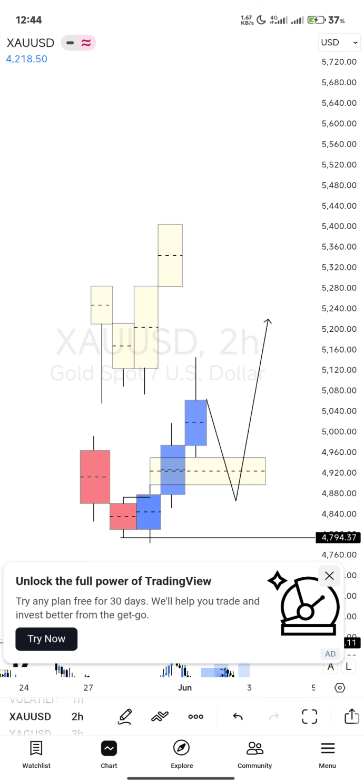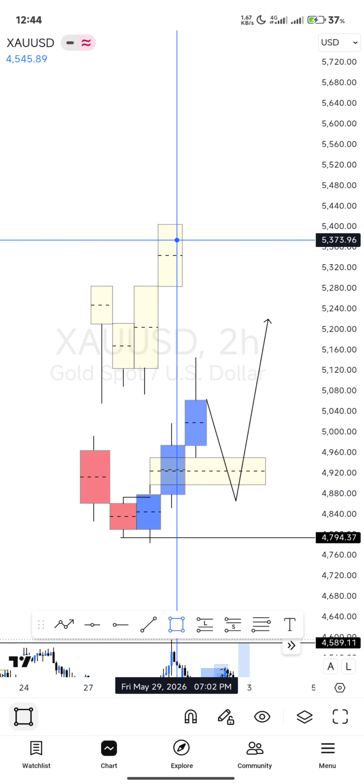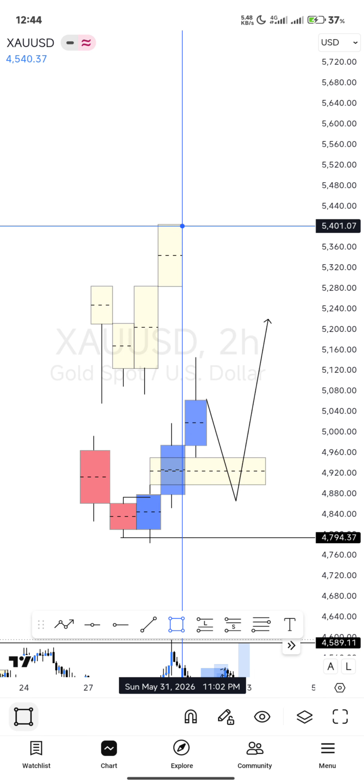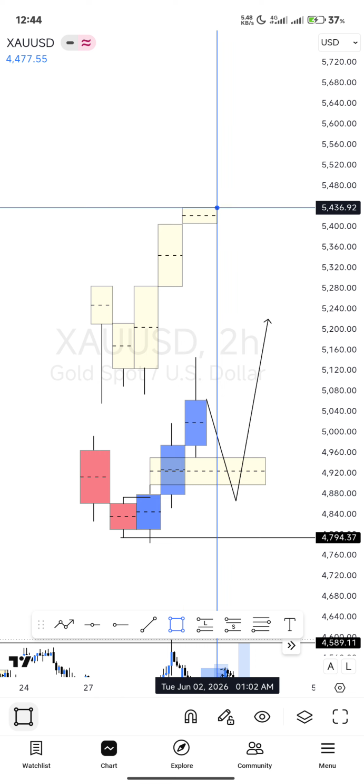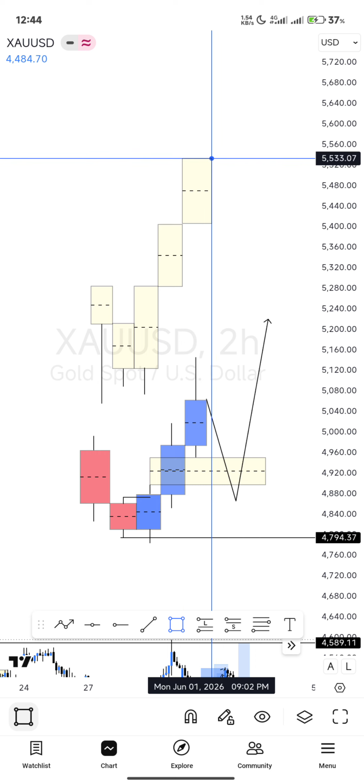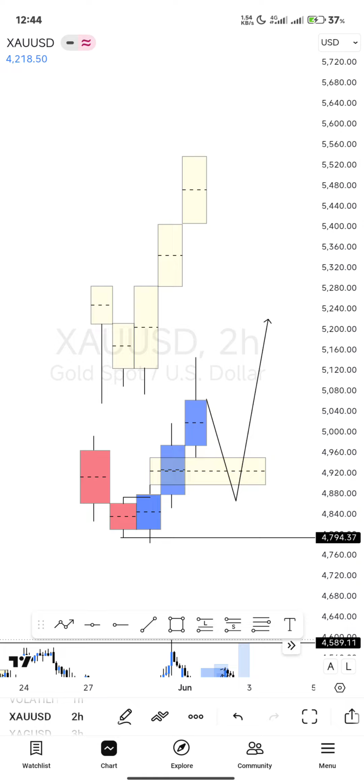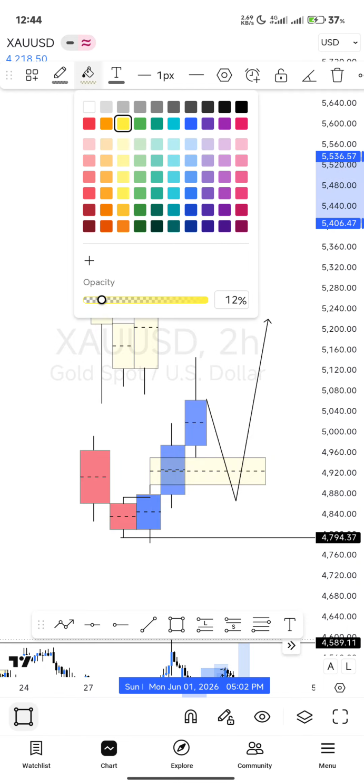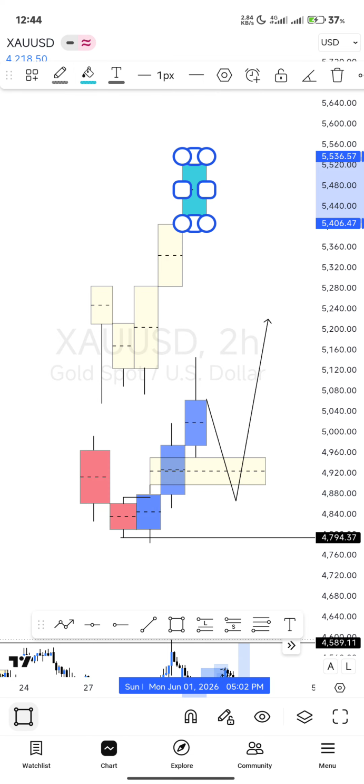Let me change the color so we can have a better view.